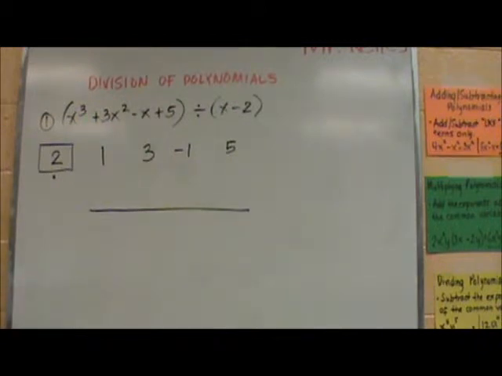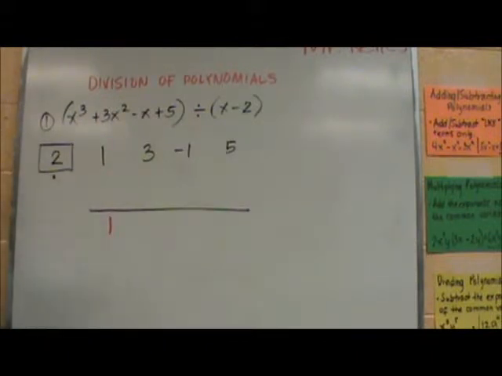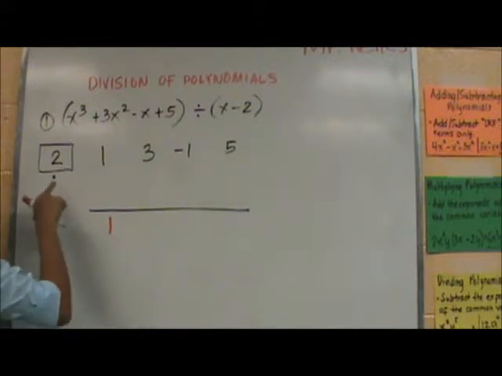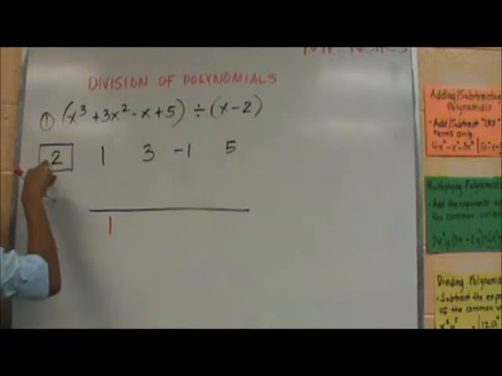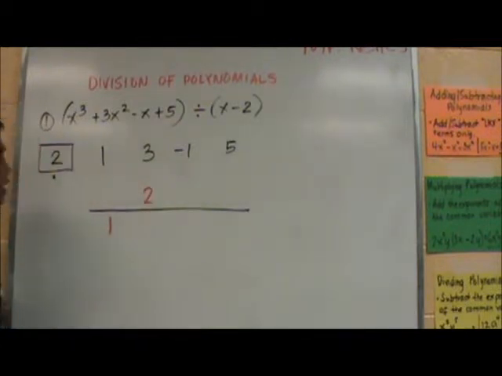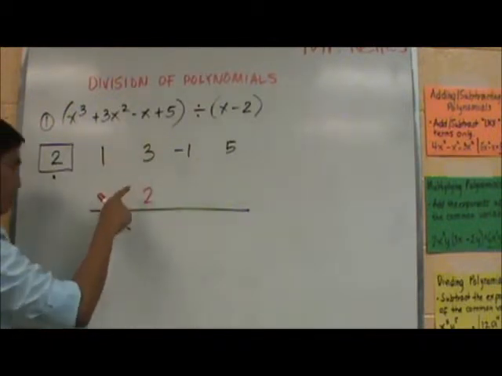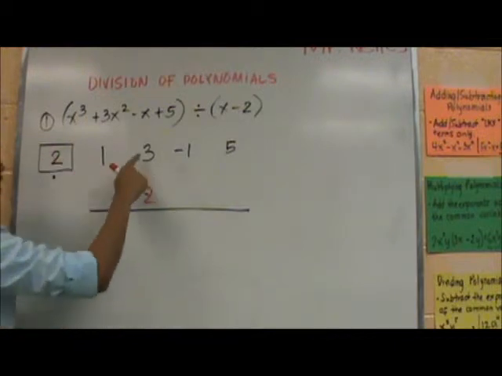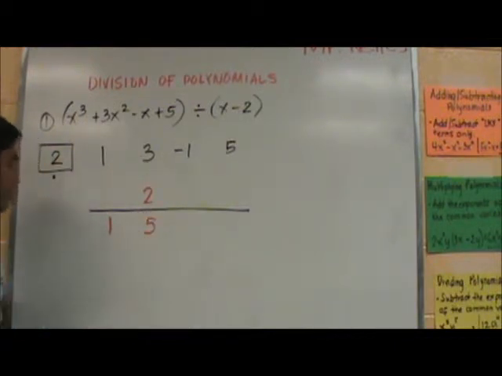After setting up all the numbers, leave a space here and draw a line. To simplify this, first drop the first number, 1. Now multiply 1 times 2, the number in the box, which gives you 2. Because this is positive, add 3 plus 2, which gives you 5.